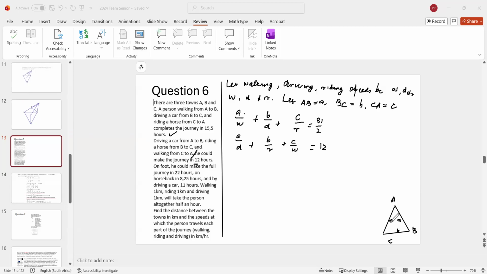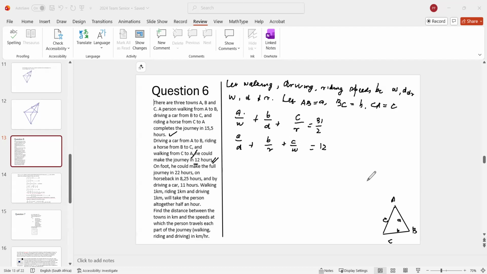A, B, and C. Let's just get the C clear here. It's not very clear. All right. So that we stop there now. On foot, you could make the full journey in 22 hours.